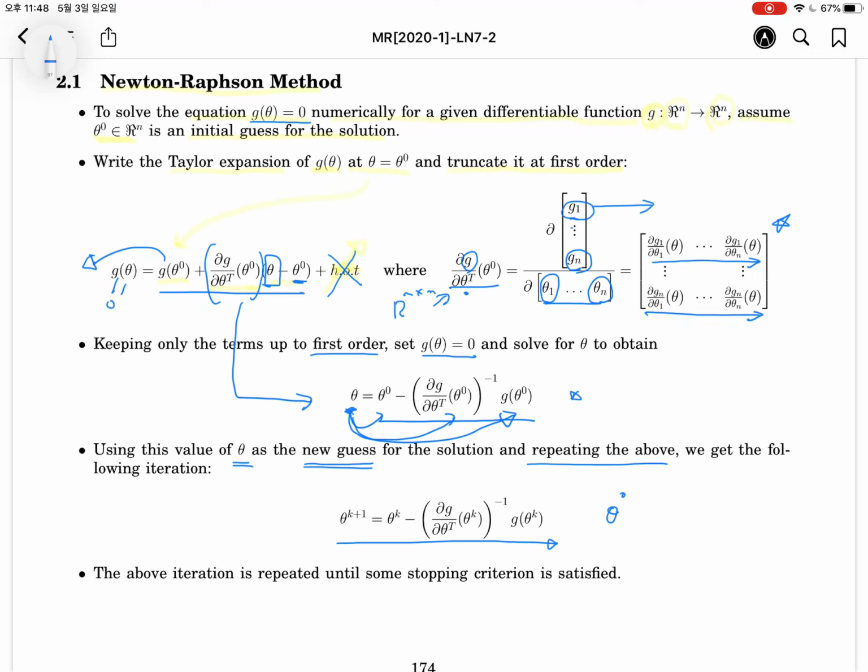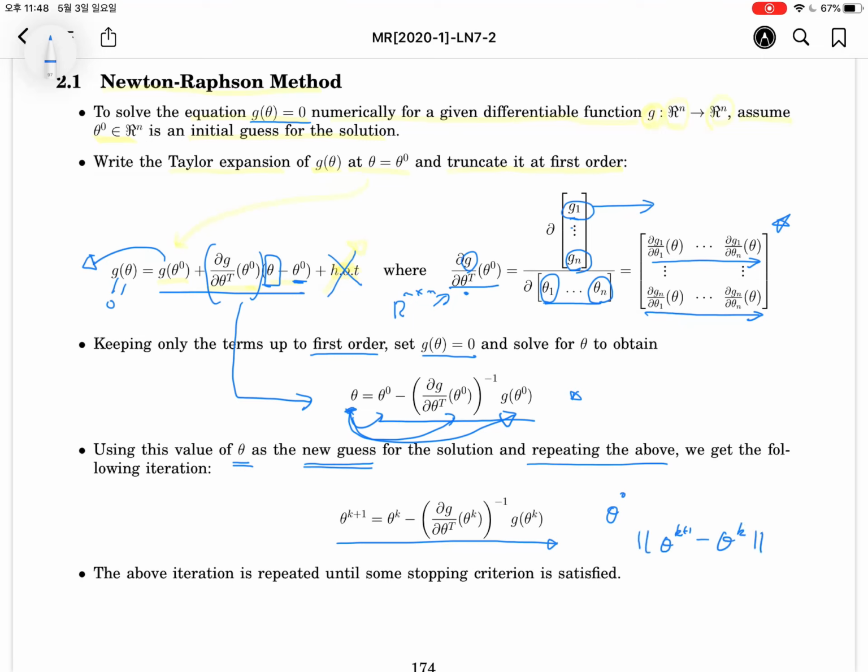From the initial guess, we should define some criterion to stop.